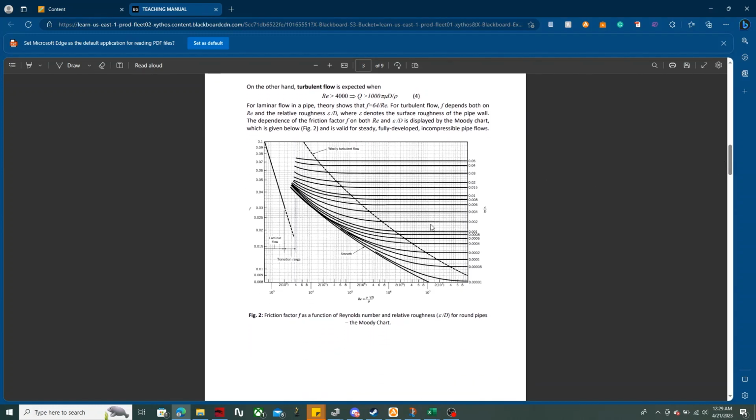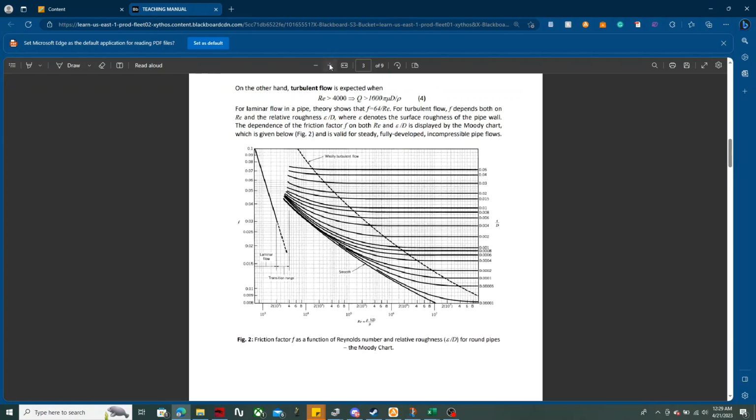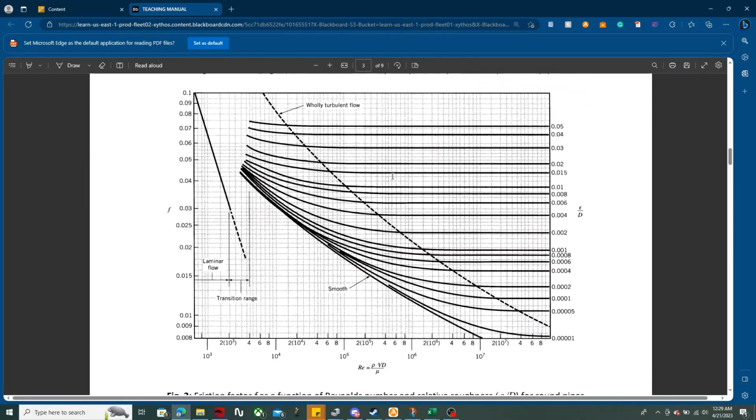Anyways, let's look at this. This is called a Moody chart. You could relate it to your drag coefficients from lab 4, right? You have your Reynolds number, which takes into account what kind of fluid you're using with the rho and mu, how fast your characteristic speed is of the fluid moving through the pipe, and then the diameter of the pipe.